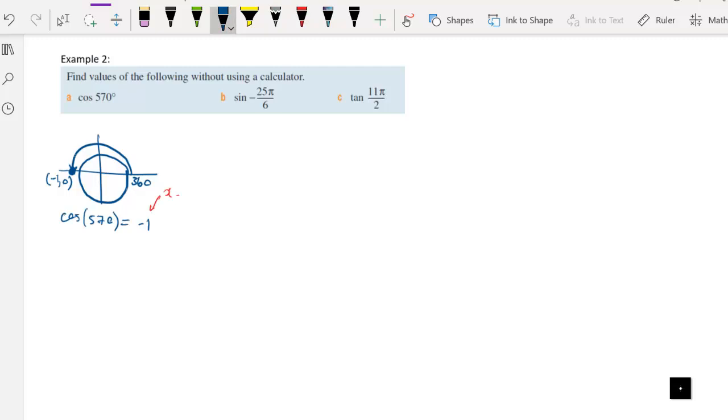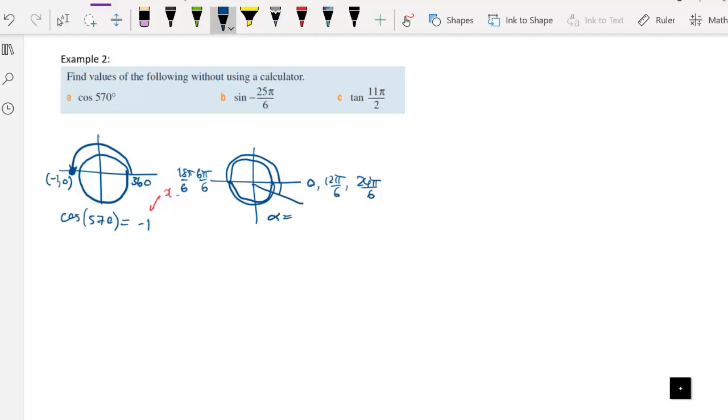When we look at sine negative 24 pi on 6, and it's negative, so we start here, this will be 6 pi on 6, and then 12 pi on 6, and then 18 pi on 6, and then finally 24 pi on 6. So that means we've gone one full circle, a second full circle, and to get 25, it's 1 more.